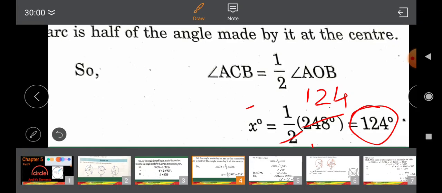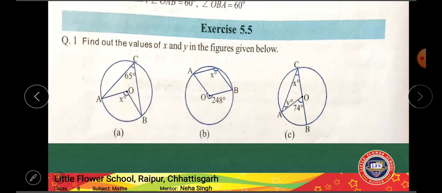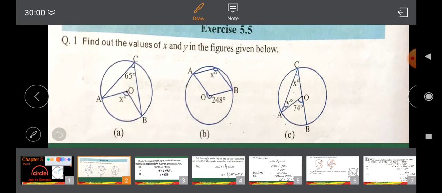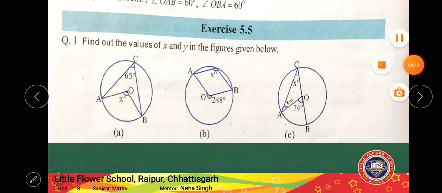So moving on to the third diagram. See here, what we need to find? Again, this angle and this angle we'll be talking about, right?